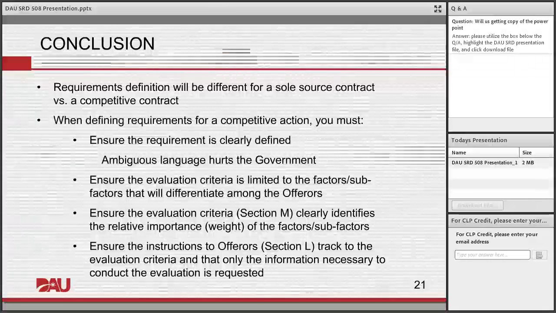Because the decision of whether to use firm fixed price or cost type contracts is the level of maturity of the requirement. If I can definitely say this is what I need, I have a better chance of going firm fixed price.